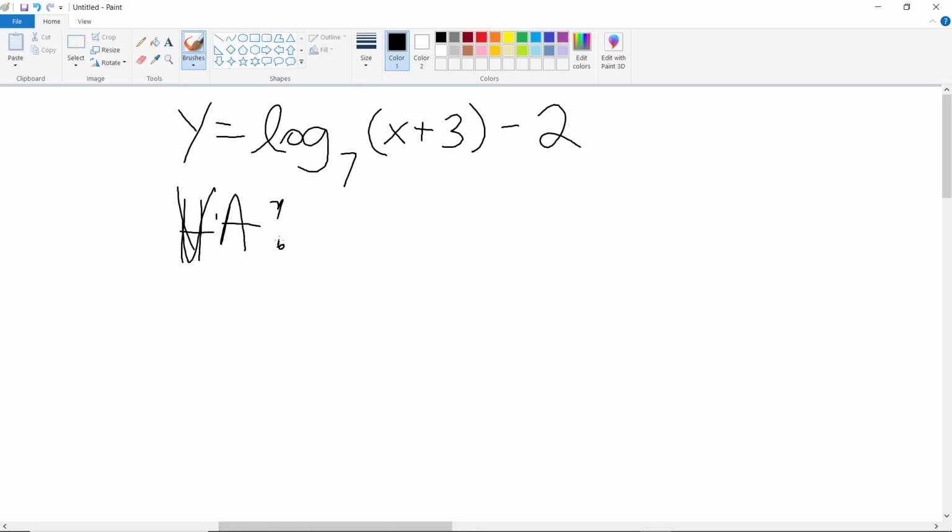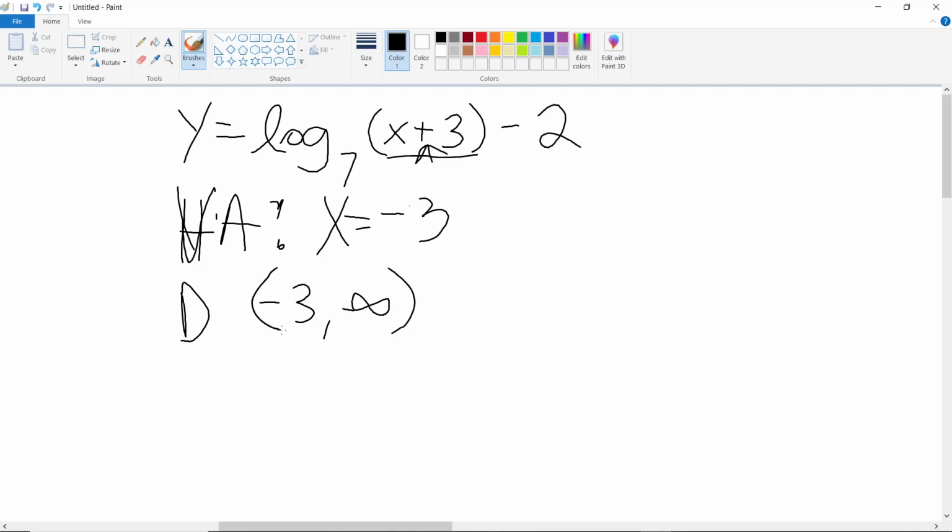The vertical asymptote is x equals minus 3. It shifts left and right, opposite of sign. So the normal vertical asymptote is x equals 0. This one shifts to the left 3, x equals minus 3. The domain is minus 3 to infinity. The range is always negative infinity to infinity. Notice the curvy bracket here at minus 3. It's an asymptote. It will never reach it.